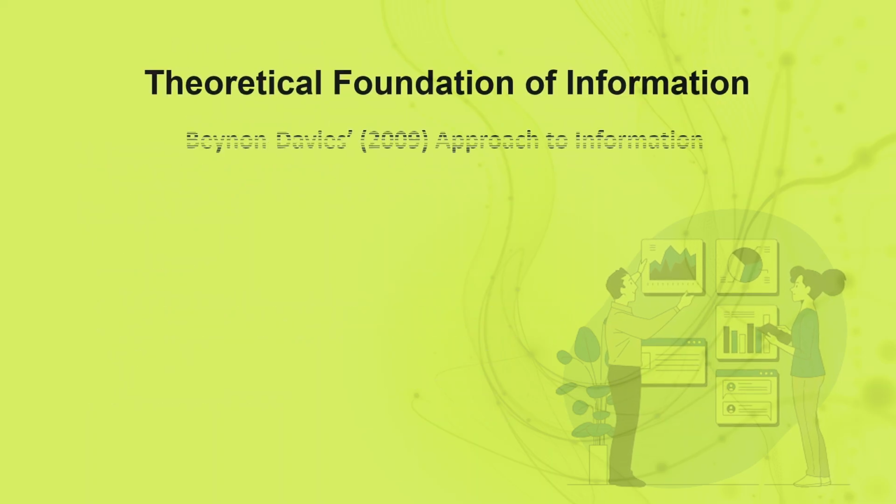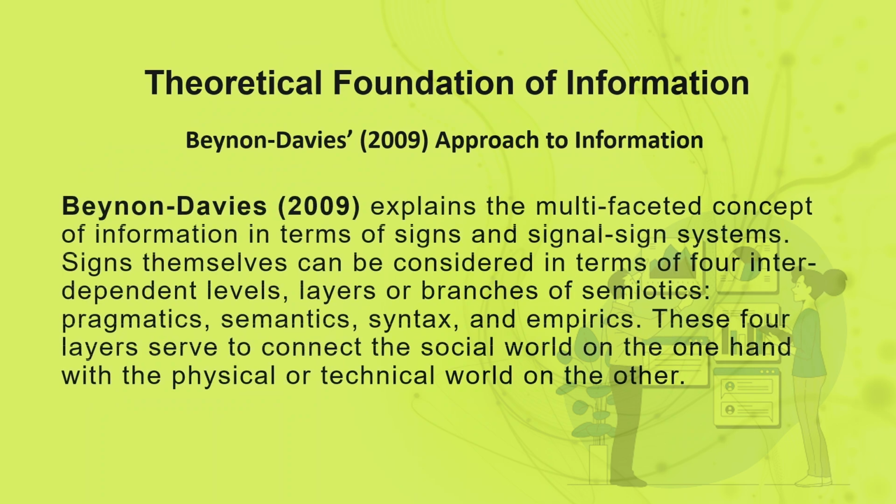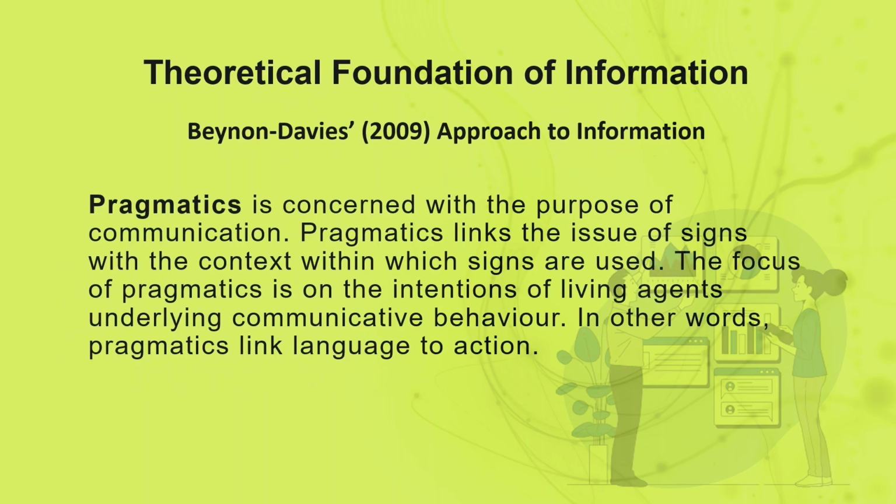Next, we discuss Ben Davis' approach to information. Ben Davis explains the multifaceted concept of information in terms of semiotics that are pragmatics, semantics, syntax, and empirics. Pragmatics links the issue of signs with the context within which signs are used.